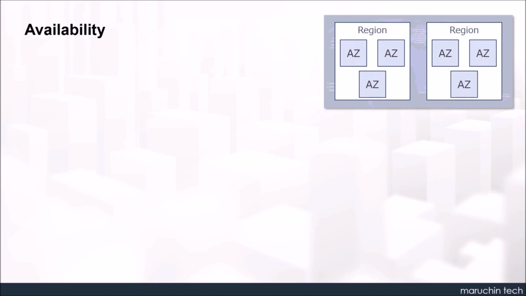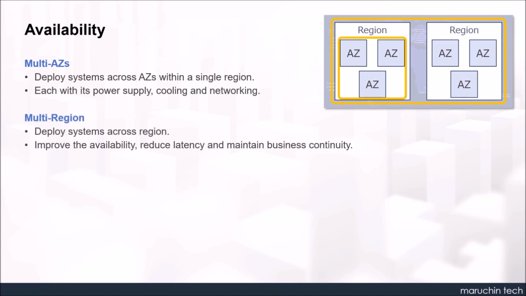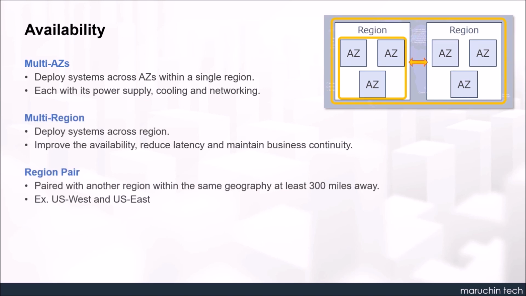To maintain redundancy, you can deploy services across multiple regions or multiple availability zones, which is called multi-region or multi-AZ. Regions in the same geography are called a region pair. For example, US East and US West are a region pair. You can improve the redundancy and availability by storing the data in region pairs.